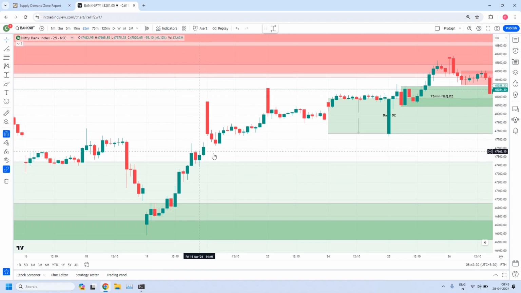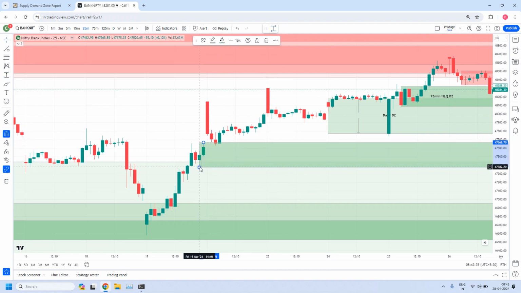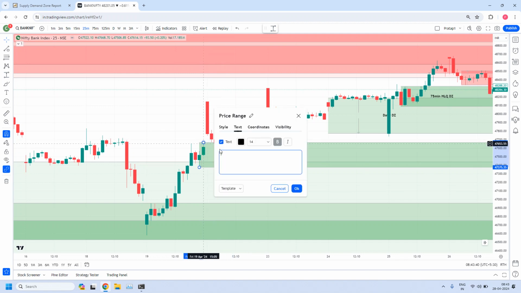This is the drop and 2 base candles. So this is a 25 minutes low priority high liquidity demand zone.